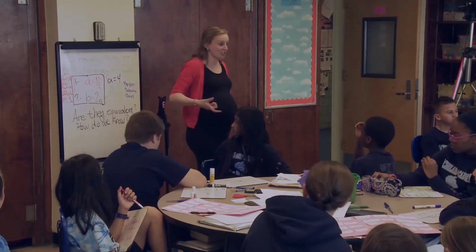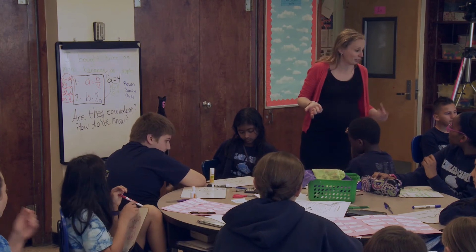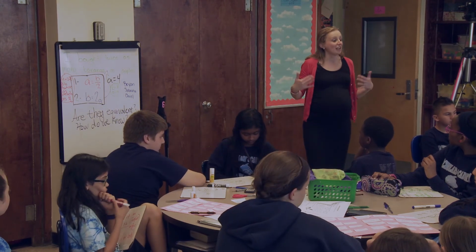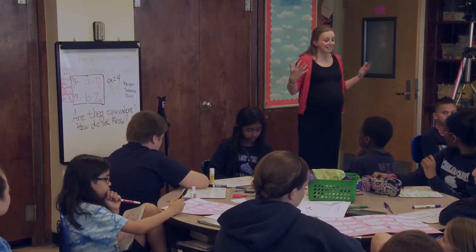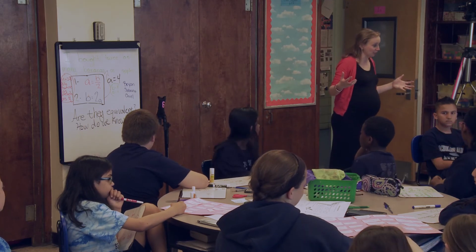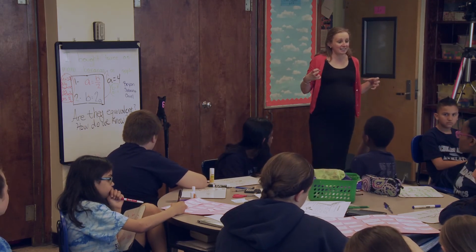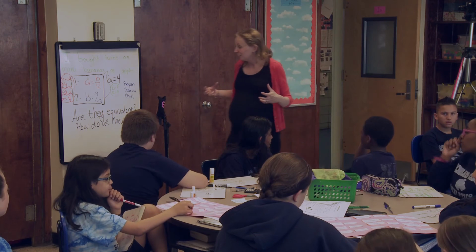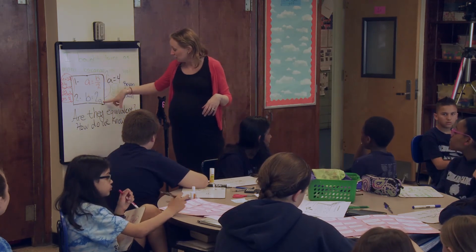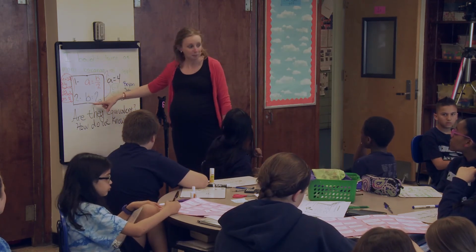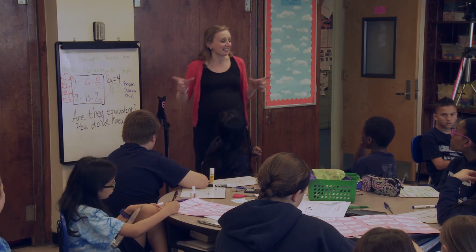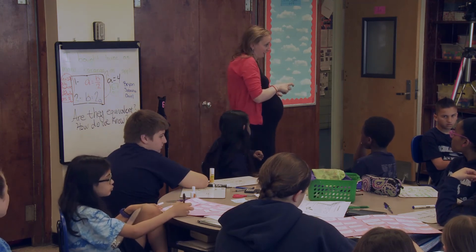Both of these equations could be used to represent it because they are showing the same thing. They're showing the same values. But if you had to pick a statement that best matched the equation, it would be the B equals 2A because that's literally what the words are saying.